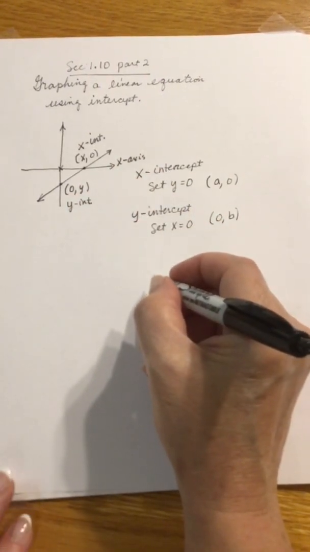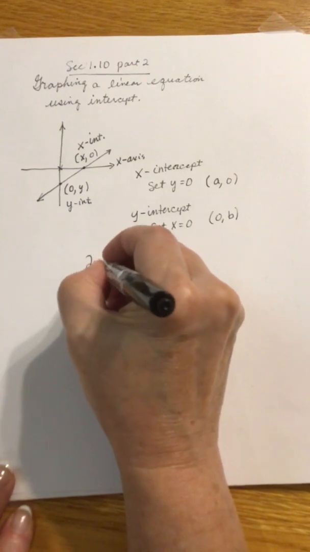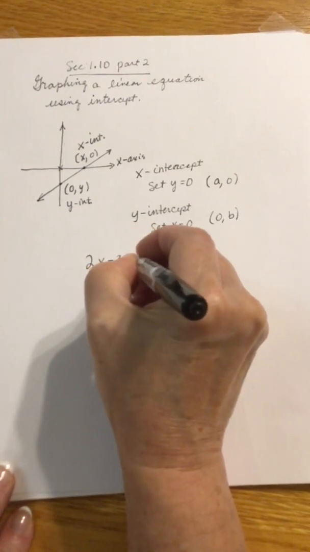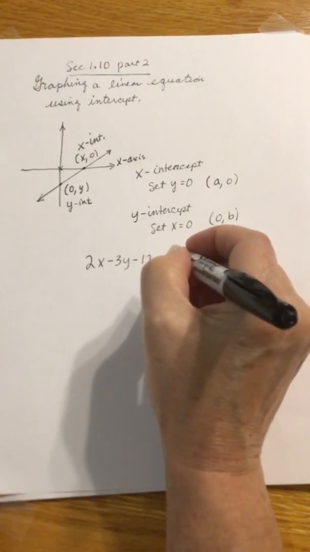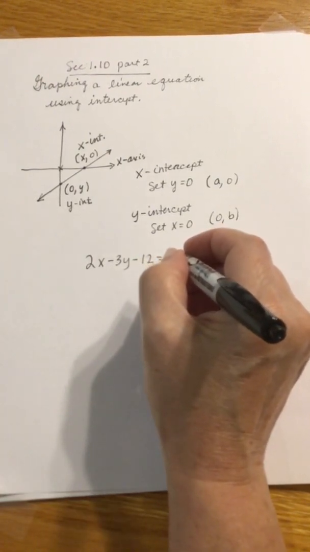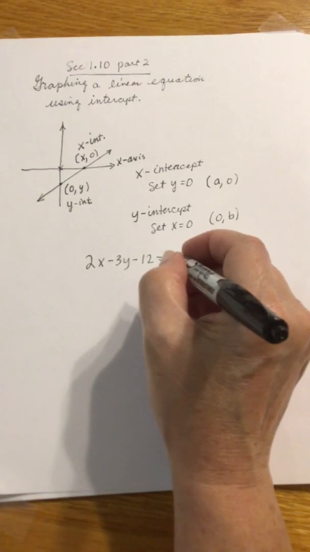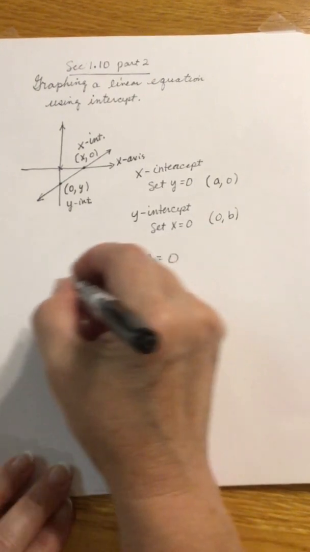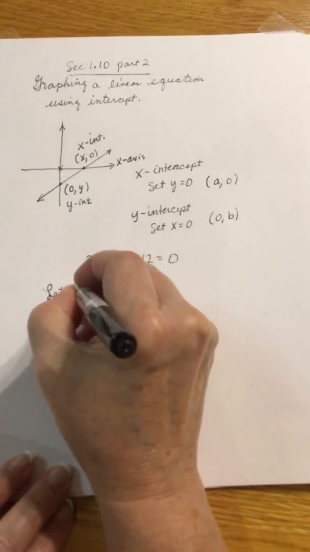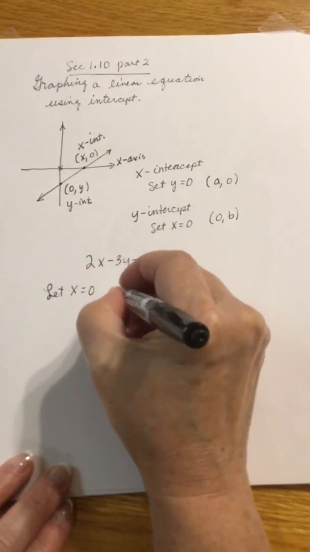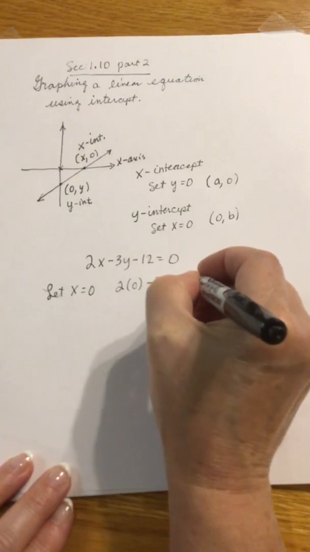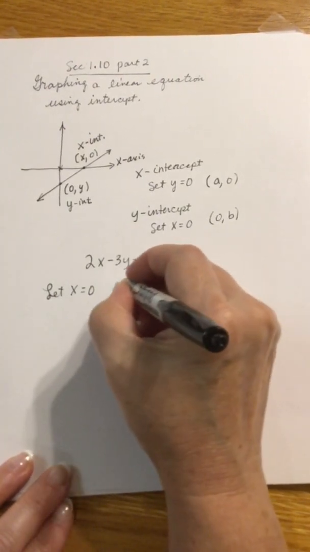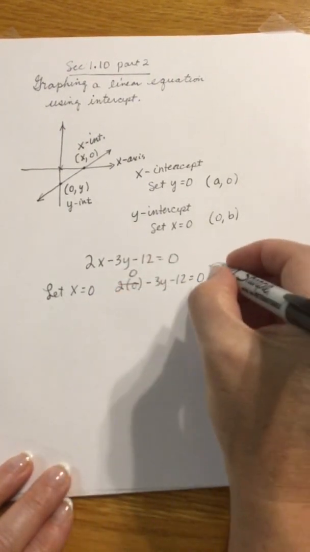So we're going to graph the equation 2x minus 3y minus 12 equals 0, and we're going to find the intercepts. So this is going to be graphing using intercepts. The first one we're going to do is let x equal 0. So 2 times 0 minus 3y minus 12 equals 0. So 2 times 0 is going to give me 0.